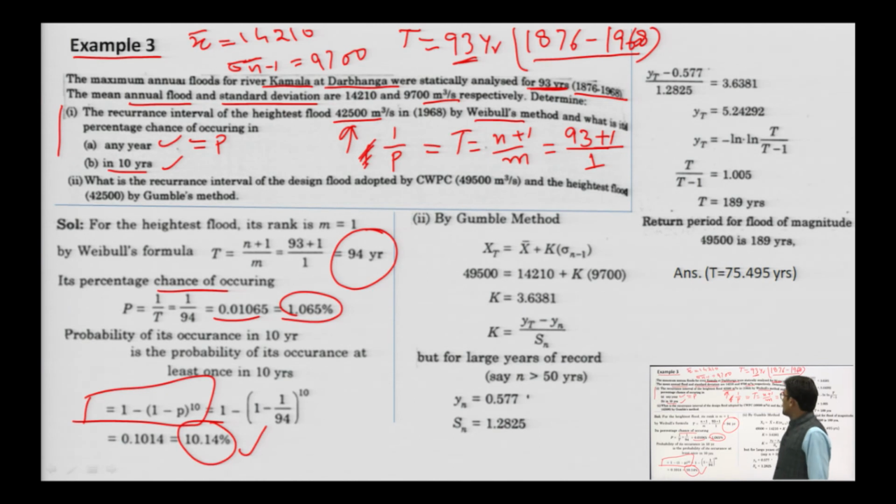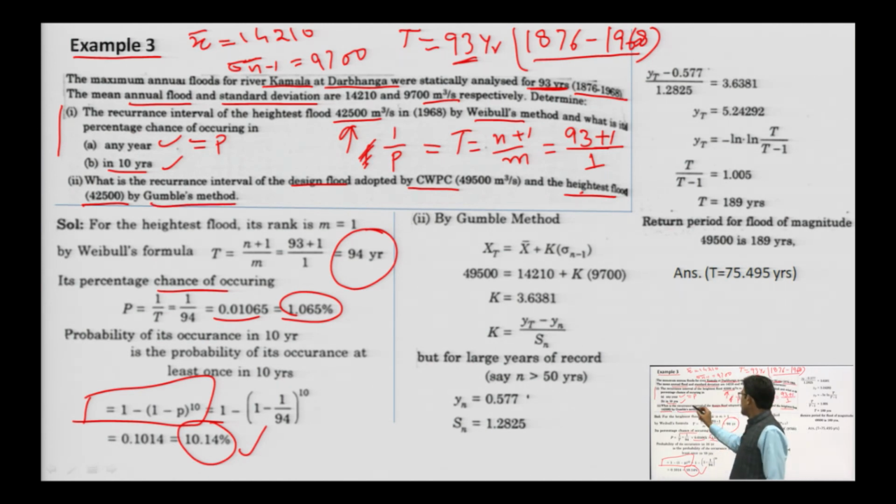The second part of this question is: what is the recurrence interval of the design flood adopted by CWPC, Central Water Commission, and the highest flood, by Gumbel's method.